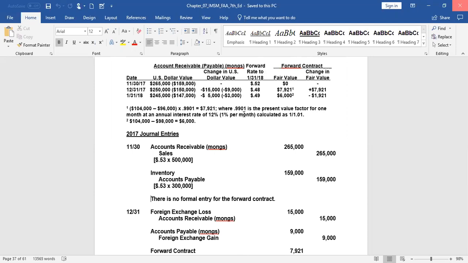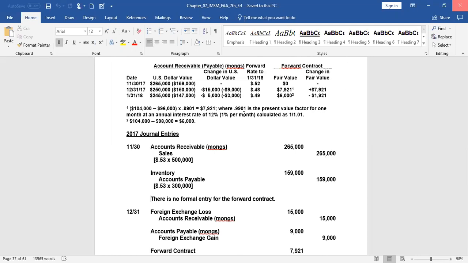So we take that difference, 104 minus 96, that $8,000 difference, and we determine the present value of it. And if you see the little one there, it says 0.9901 is the factor for the present value for 1 month where the annual interest rate is 12%. And they tell us it's 12% in the problem right underneath our little chart. So the difference between the forward rates isn't recorded as a gain or loss.